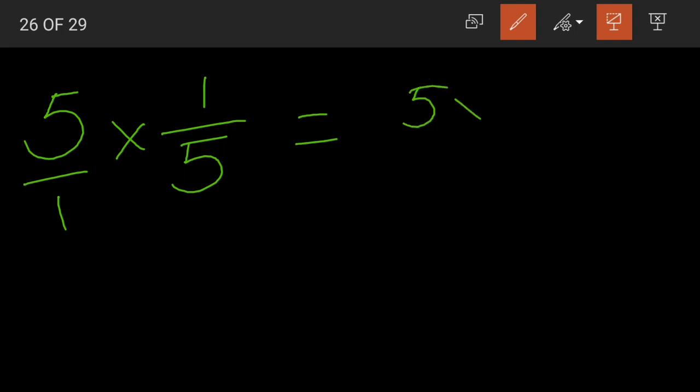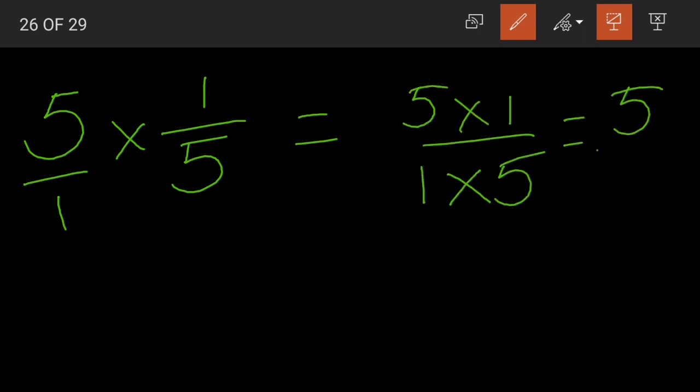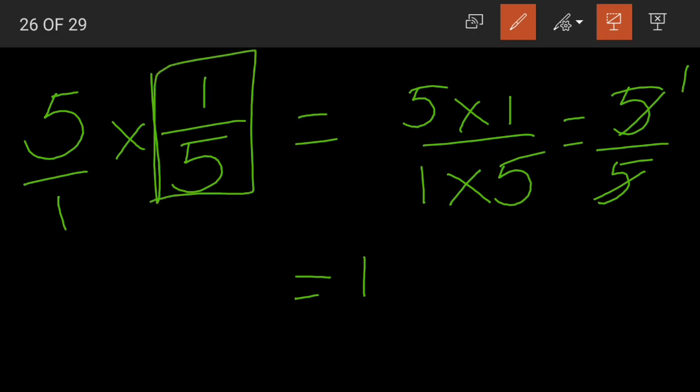Understood? When we have the integer 5 and multiply it with its reciprocal 1 by 5, the answer will be 5 into 1 by 1 into 5, which is 5 by 5. As we all know, 5 1s are 5. The answer will be 1. So, this 1 by 5 becomes the multiplicative identity.